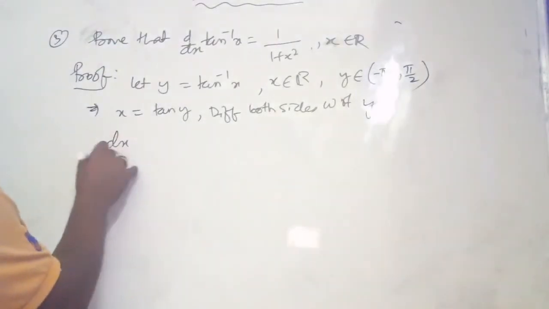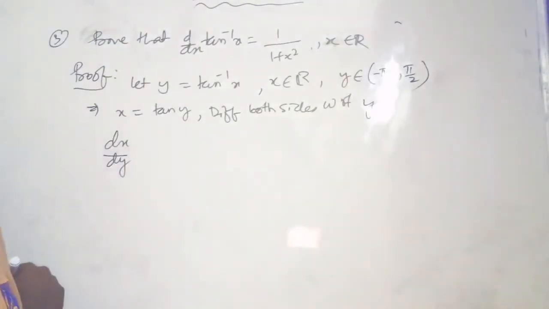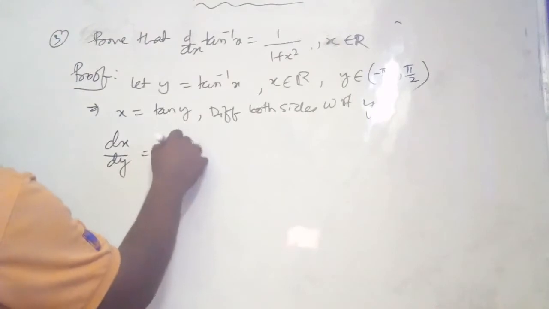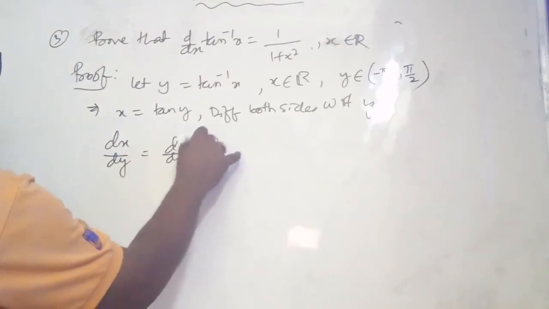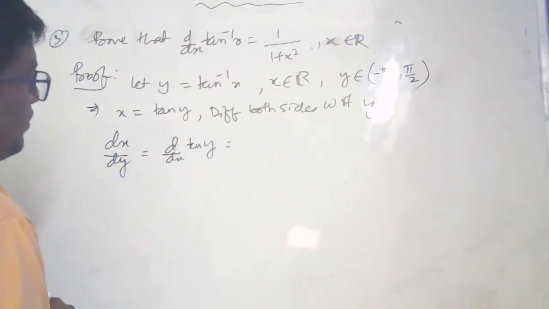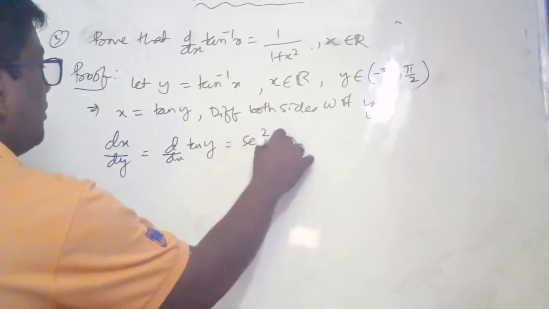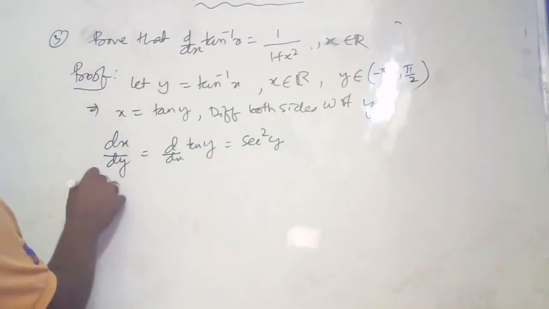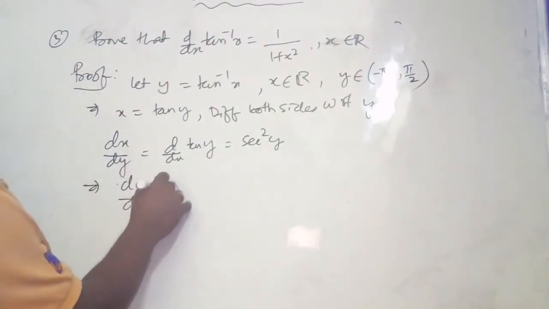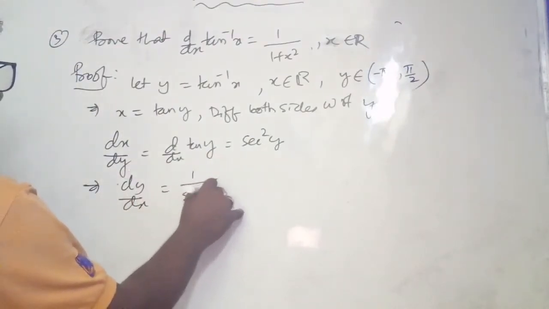So dx by dy is equal to d by dy of tan y. This is equal to derivative of tan y, which is sec square y. So that implies dy by dx is equal to 1 by sec square y.